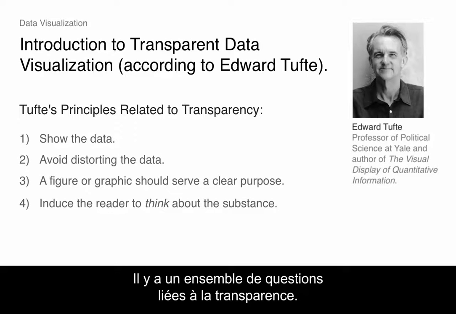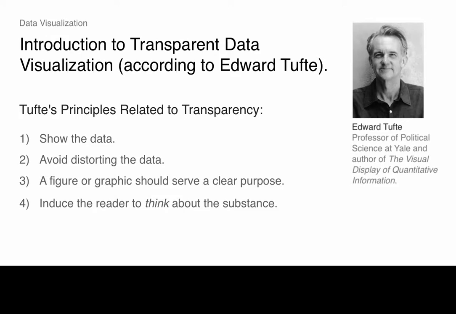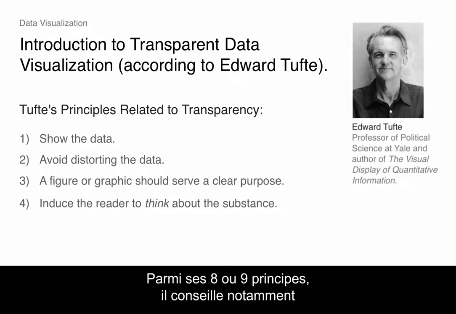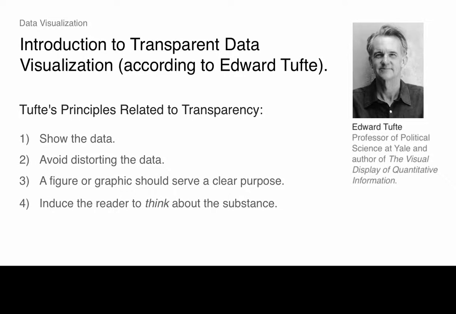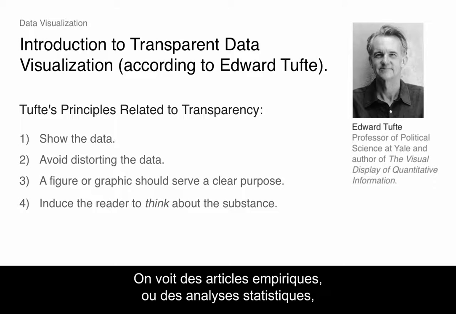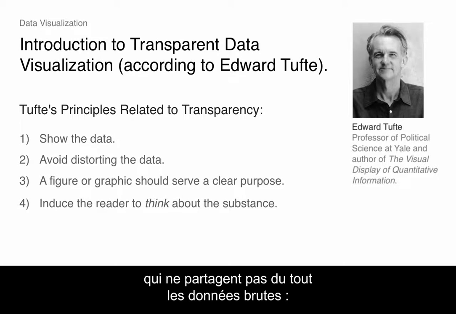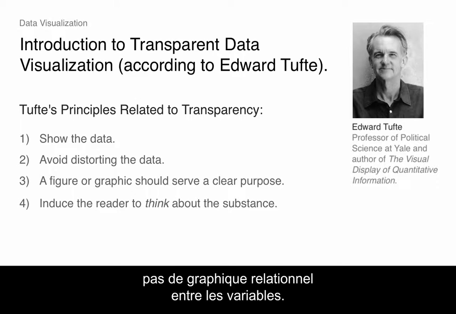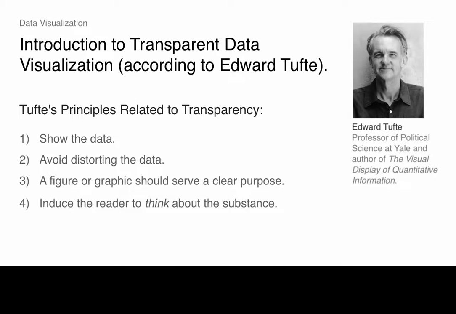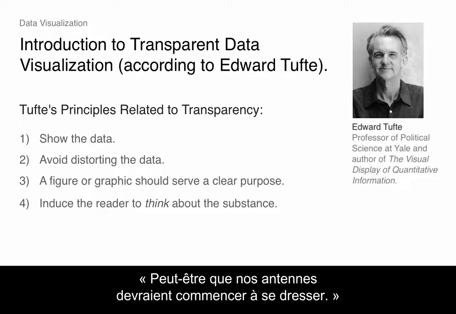These are a set of issues that I see as related to transparency points. So among his 8 or 9 principles, he says, show the data. That is a pretty simple but important thing to do. When we see empirical papers or statistical analyses where we don't really see the raw data in any form, we don't see a scatter plot, we don't see any sort of relational graph between variables, I think Tufte would say maybe our antennae should perk up a little bit.